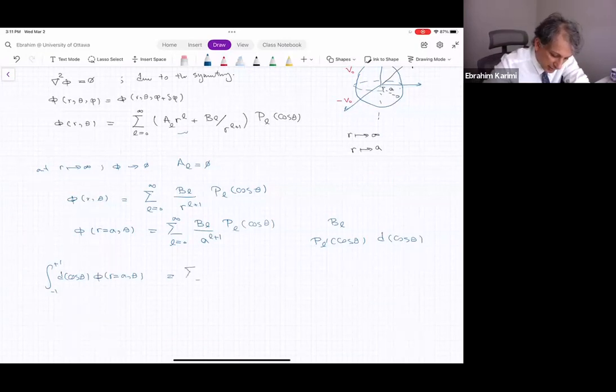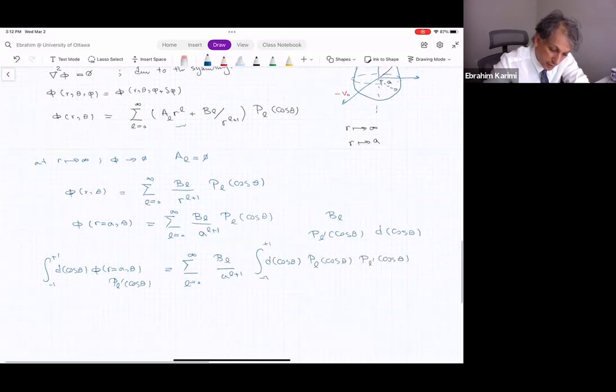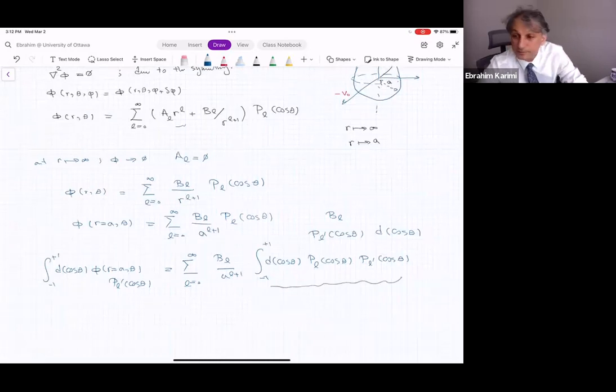And then the other side will be the sum over L equal to 0 to infinity of BL A^(L+1), and then the integral of d cosine of theta of PL of cosine of theta, PL prime of cosine of theta, from -1 to +1. What is the value of this, guys?